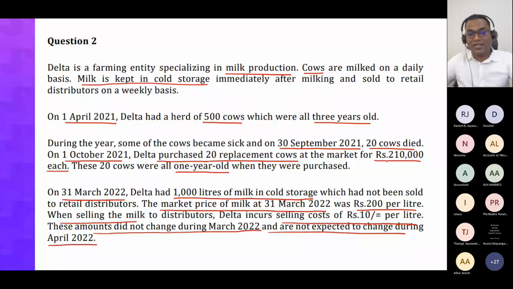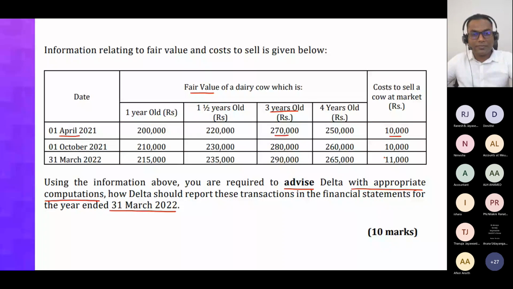Remember, fair value less cost to sell. Now, if you look at here, 1st October 2021, what is the fair value of a 1 year old cow? 210,000. That is the purchase price. But the measurement should be not at fair value, but at fair value less cost to sell. What is the selling cost? 10,000. Yet again, fair value is 210,000. Fair value less cost to sell is 210,000 minus 10,000.